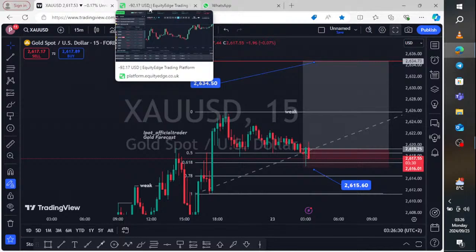Target is 26. It's currently approaching the stop loss.